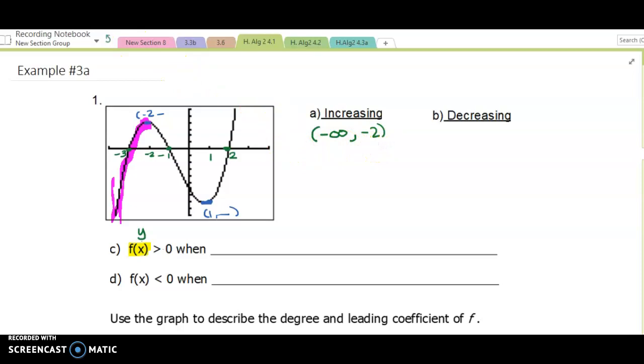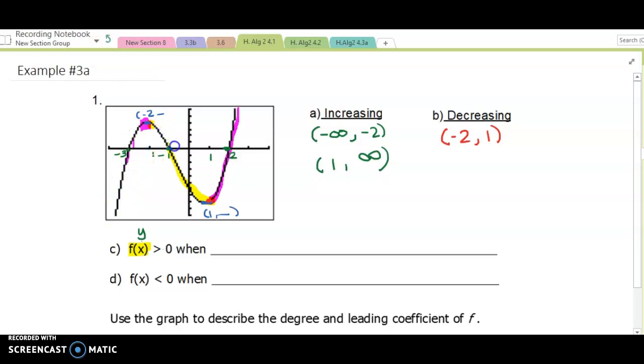And then we decrease from here to here, so I can say we're decreasing from when x equals -2 to x equals 1. And then from here, we're increasing again, so probably forever. So we're increasing from 1 to infinity. That's how I'd write increasing and decreasing in interval notation.